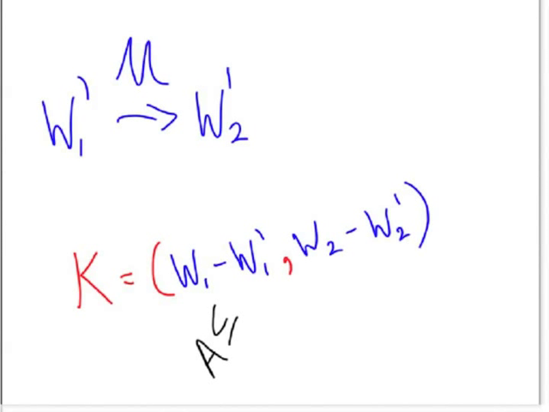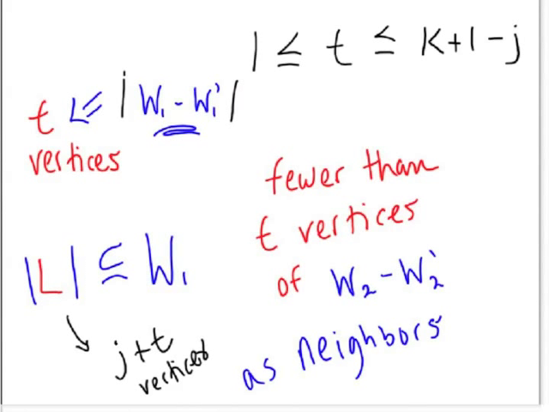If we can't show this sufficiency, then we would have a situation where its vertex set would have T vertices, where T is greater than or equal to 1 and less than or equal to K plus 1 minus J, where we subtract J because our graph W has J vertices removed from the original graph, such that this subset would have fewer than T vertices of W sub 2 minus W sub 2 prime as neighbors.